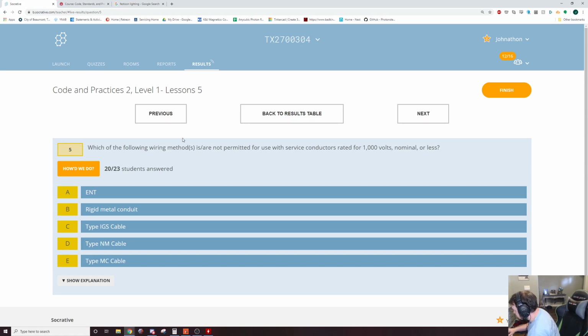Part 9, actually. Is overcurrent. No, that's overcurrent protection. Let's flip back a little bit. Circuit breakers. Supervised industrial installations.